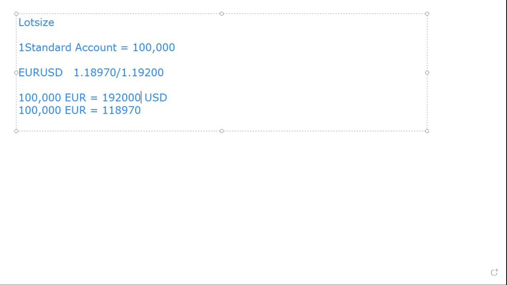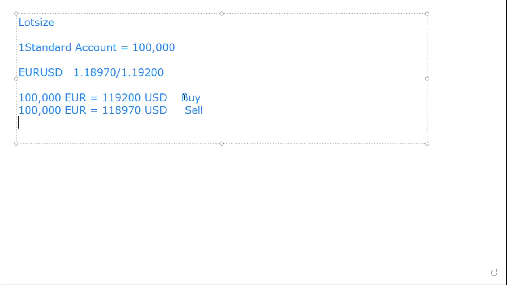And for the previous one, which we had a mistake in, it is 1.19200, so we delete this first zero. These will be the units for the USD. If you will be going for a buy, it will be this contract. If you will be going for a sell, you will be entering this one.